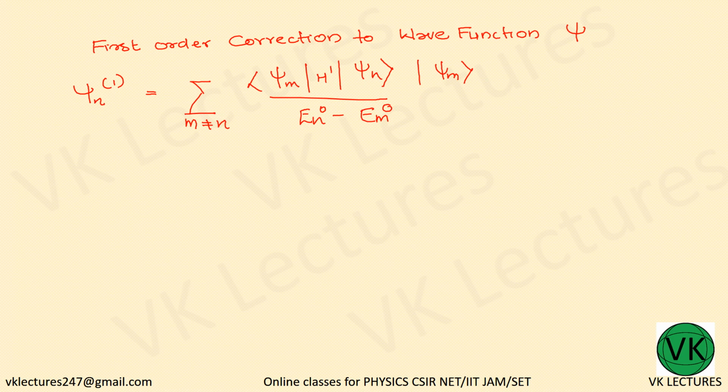This also we can write as sum over m not equal to n of m h dash n by En naught minus Em naught into m.